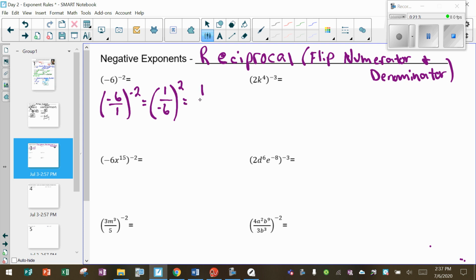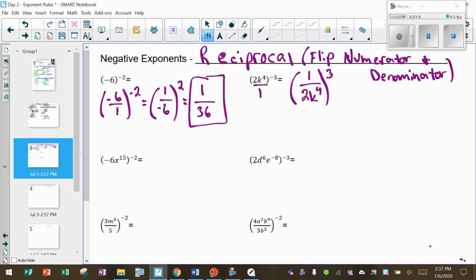Squaring the 1 in the numerator, 1 times 1 is 1. Squaring the negative 6 in the denominator, negative 6 times negative 6 is positive 36. So the negative exponent technically takes your original value, which is usually just something over 1, and flips it, switching the numerator and the denominator. That's what the negative part of the exponent does.